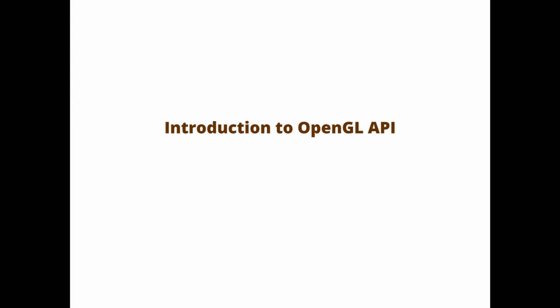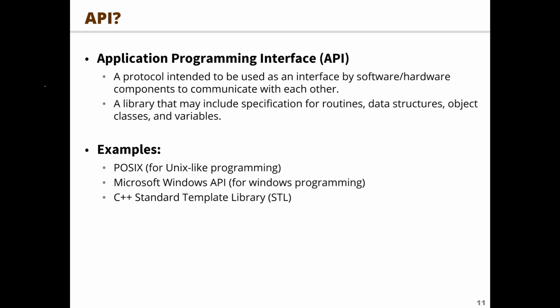So, introduction to OpenGL API. First, what is an API? API is an application programming interface. More precisely, it is a protocol intended to be used as an interface by software and hardware components to communicate with each other.